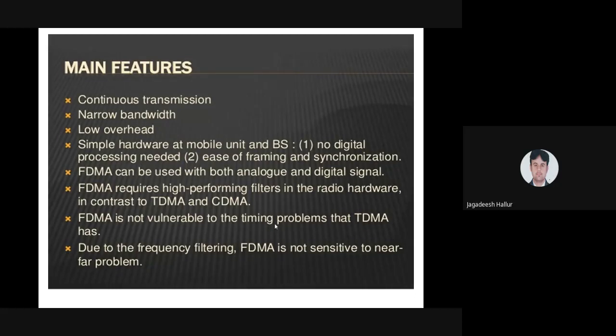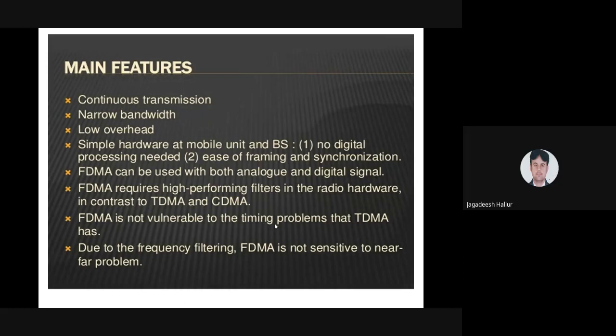Whenever you are going to filter the frequencies, you are using high performance filters. When we are using the high performance filters, there is no problem of near far effects. This is one of the last main features under FDMA.